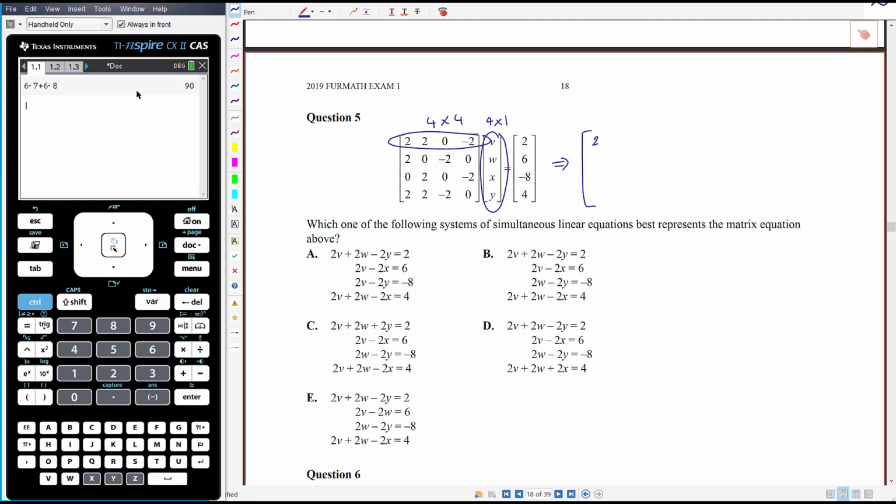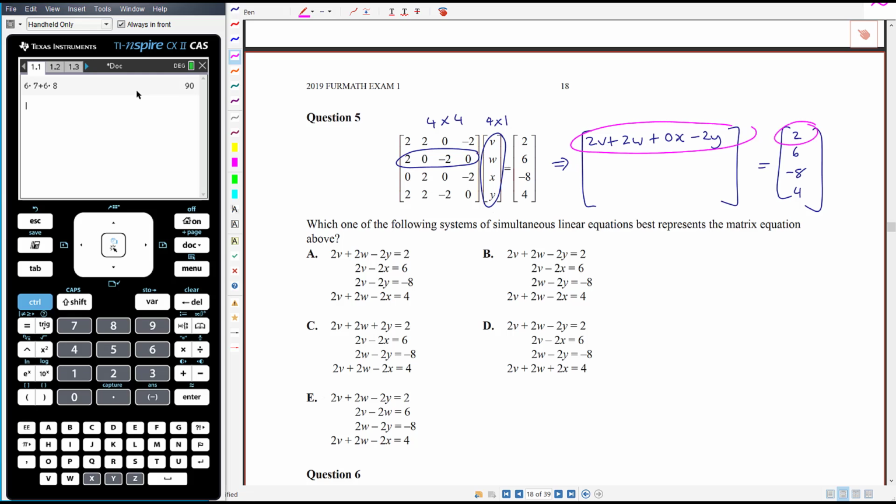So that will be 2 times V plus 2 times W plus 0 times X plus negative 2 times Y, so that's minus 2 times Y. Now, the other thing is to recognise that this is equal to 2, 6, negative 8, 4. So the first equation is going to be 2v plus 2w minus 2y equals 2.